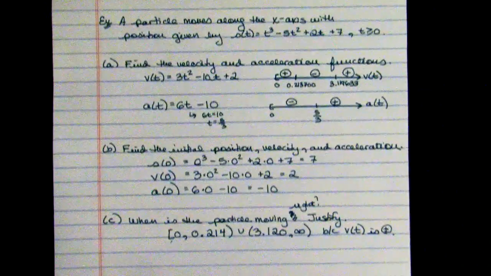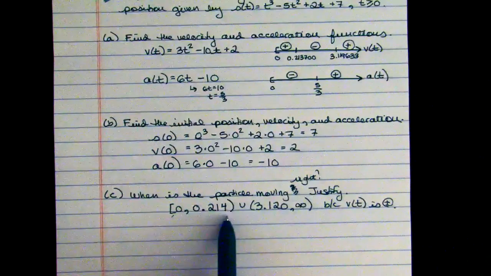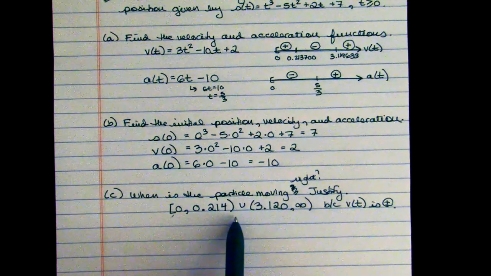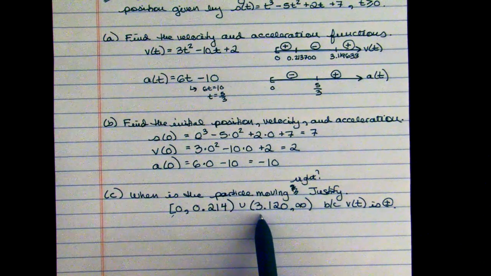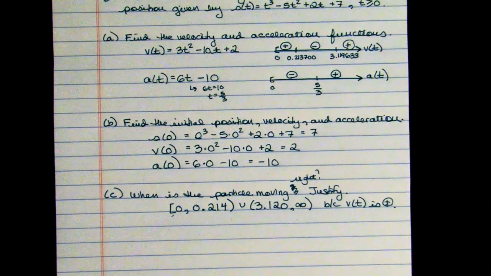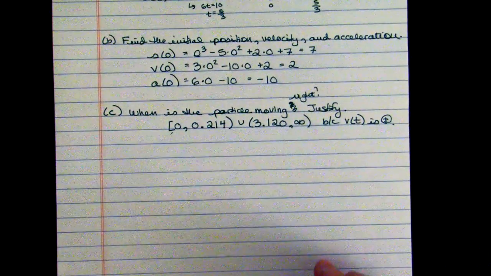I'd like you to see if it starts up by moving to the right for just a split second, then moves left, and then moves right again from time 3.120 until the end. Take a moment and test that out. Hopefully you saw the particle doing what we just calculated it to do. And we're going to keep going back to this demonstration as we analyze other parts of our particle motion stuff here.